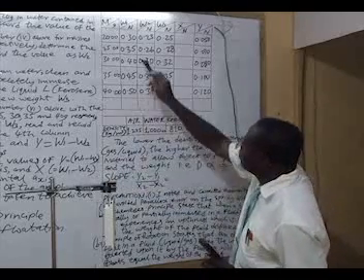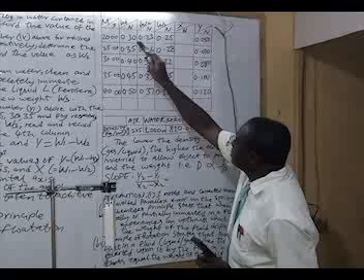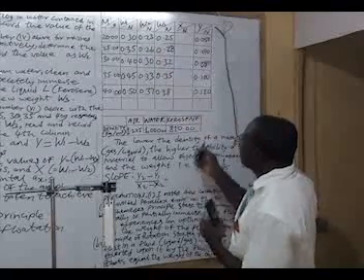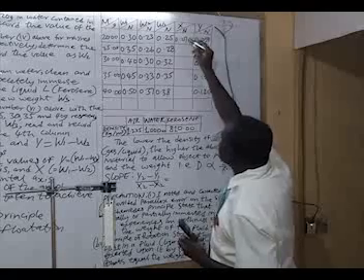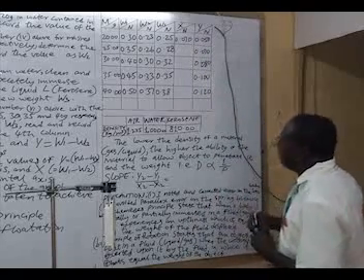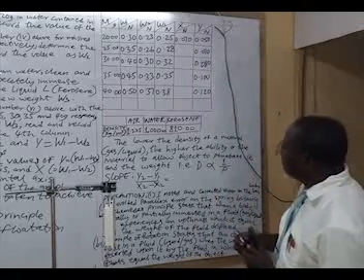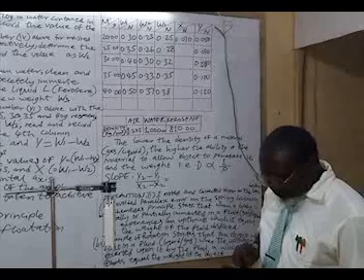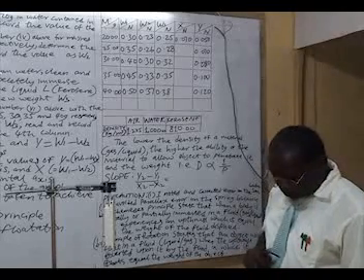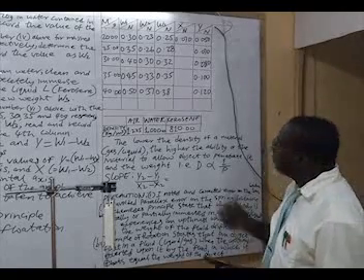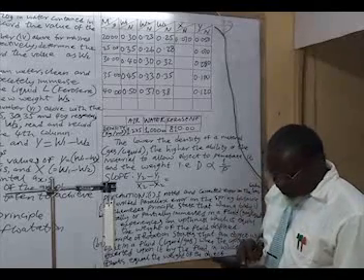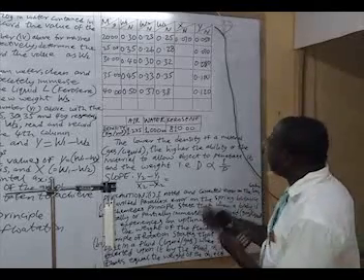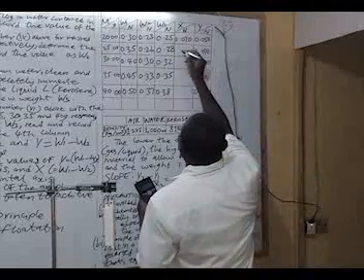Now, X: W1 minus W2. 0.30 minus 0.23. That's 0.070. The next one, 0.35 minus 0.26 is equal to 0.09.